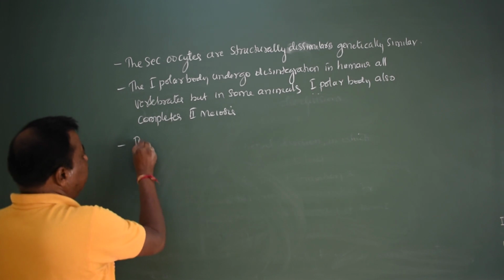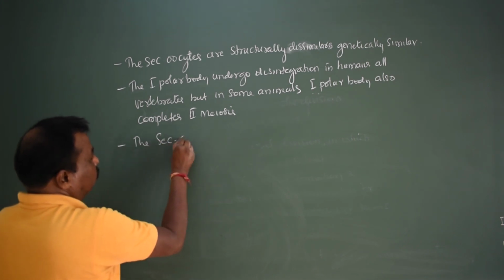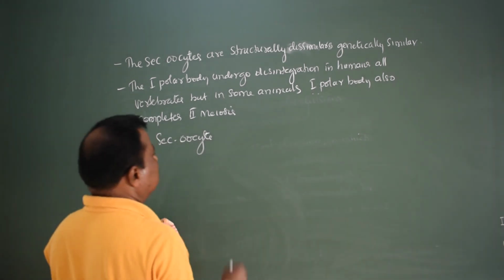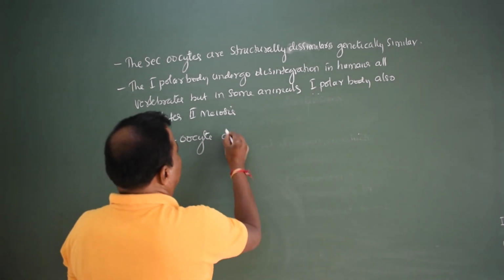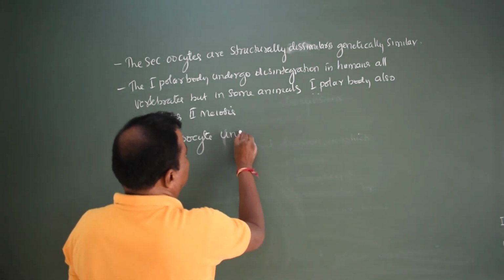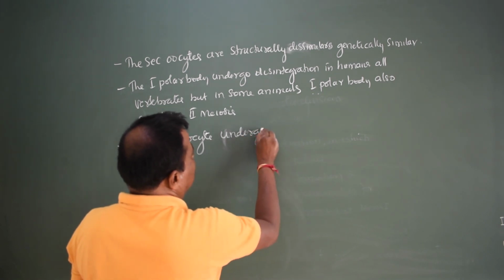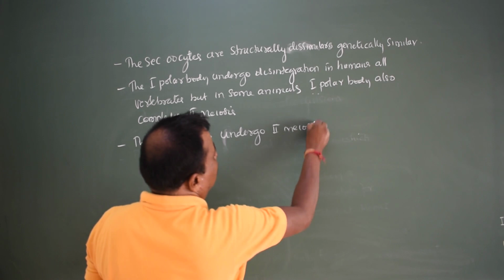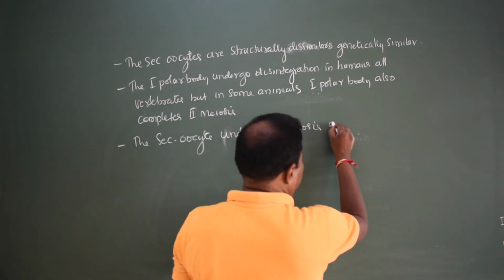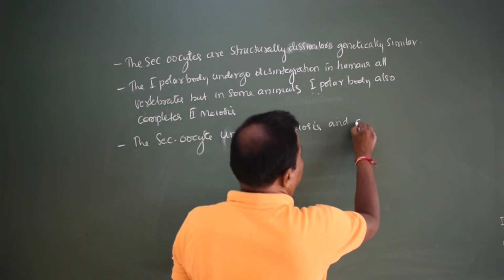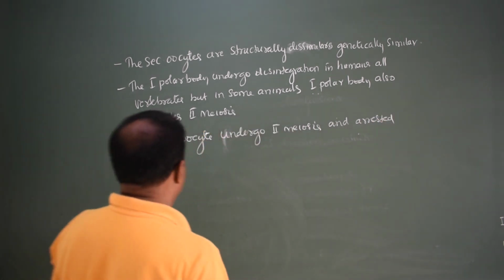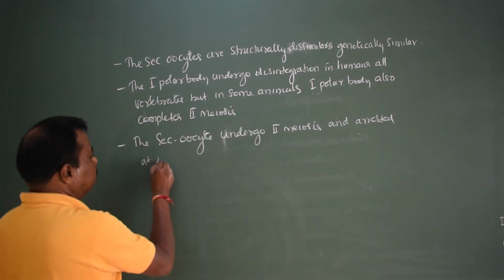The secondary oocyte undergoes second meiosis and is arrested at metaphase.